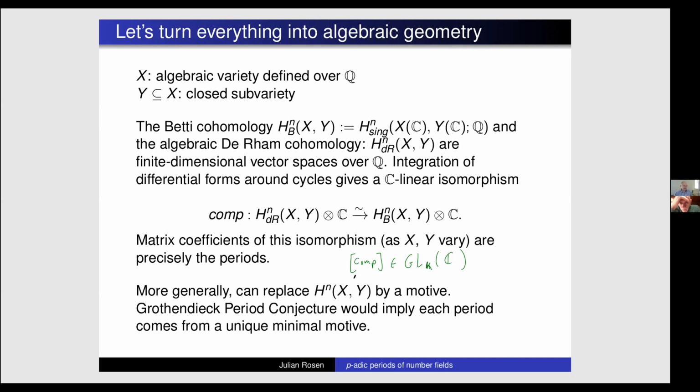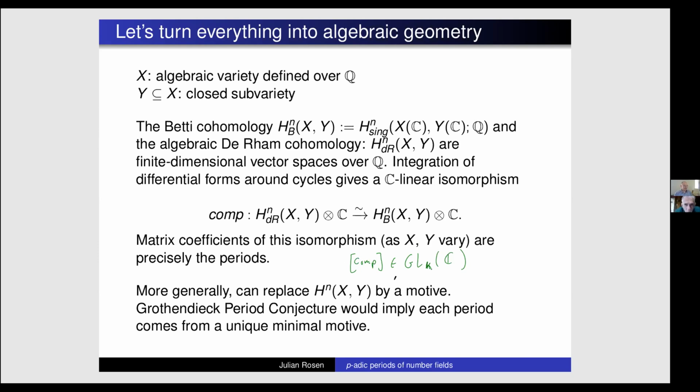And then I really wanted to say that ultimately we should think of this H^n as being a motive. You can actually do a similar construction for any motive, not just one coming from a variety. If you don't know what motives are, just think of it as being a piece of the cohomology of a variety.